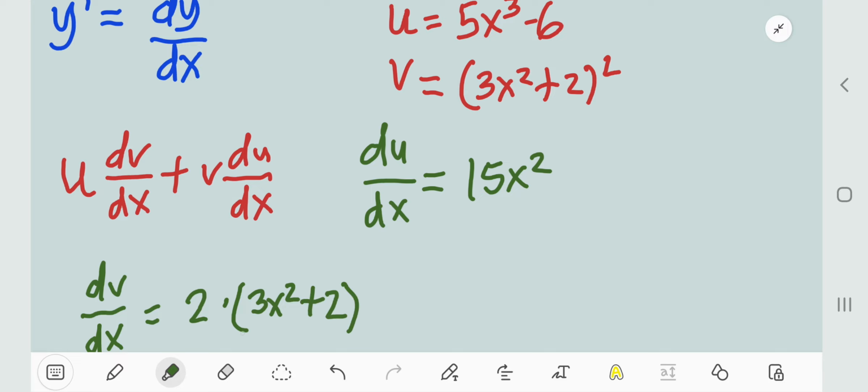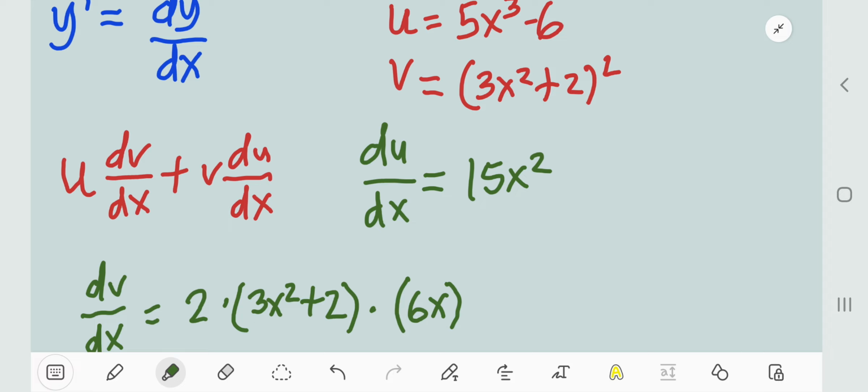But then, the inner function here is a function, and it's not just x. So this is an example of the chain rule. So we are going to find the derivative of the function 3x squared plus 2. The derivative of 3x squared is 2 times 3x to the power 2 minus 1, or 6x. And then the derivative of 2 is 0.